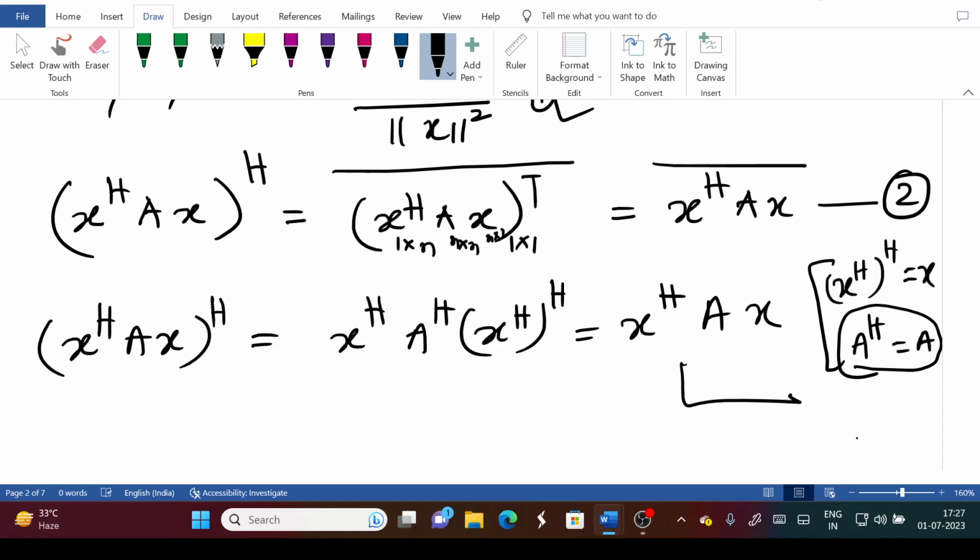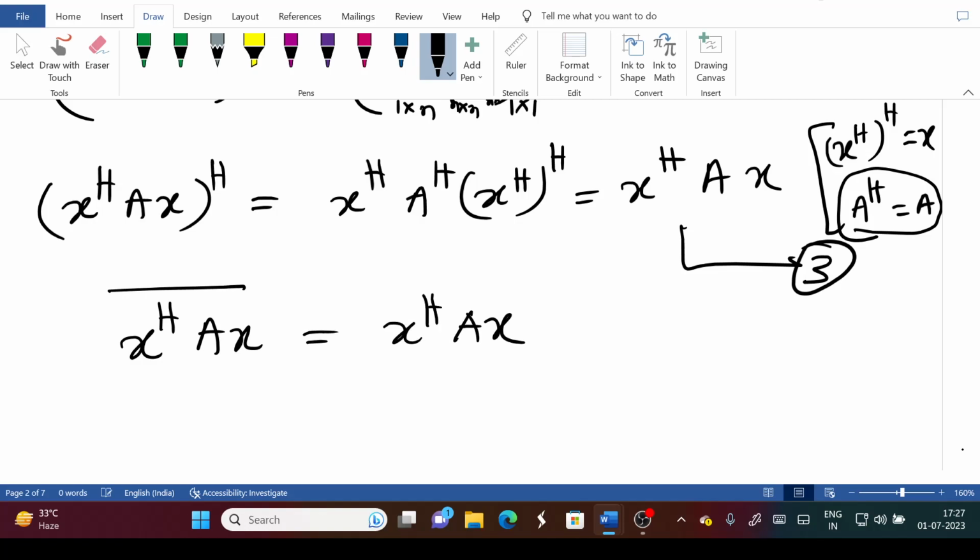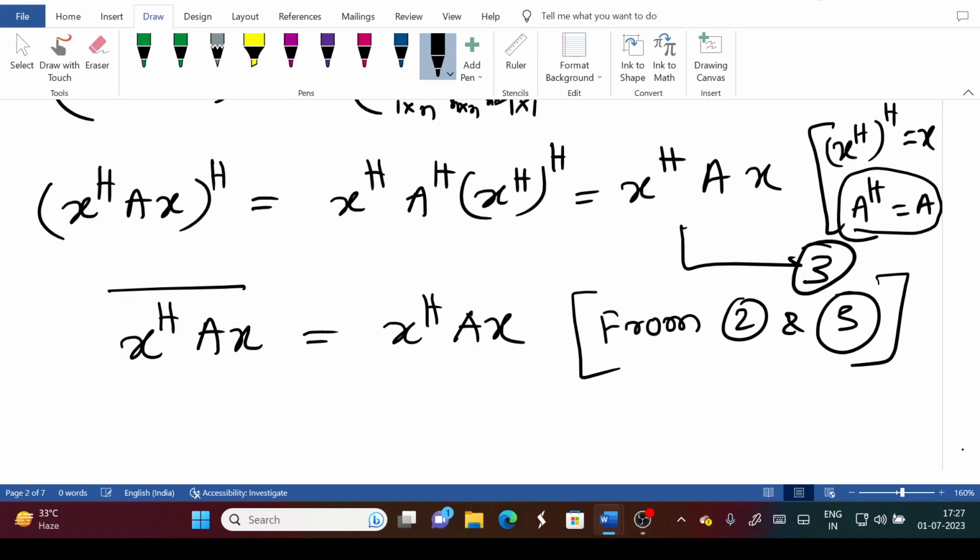It is equation 3. From equations 2 and 3, the left hand sides of both equations are the same. That implies (x^H A x) whole bar is equal to x^H A x. So z bar is equal to z, which implies z is real.